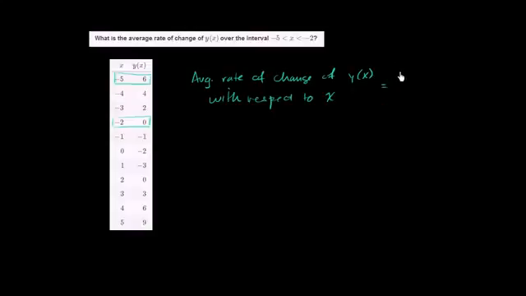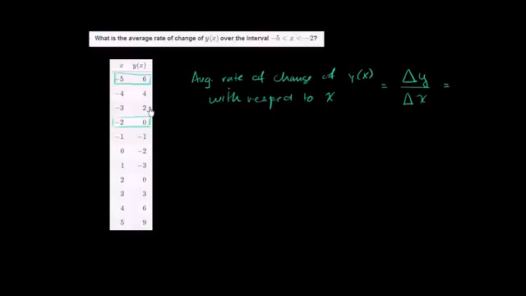And the shorthand for change is this triangle symbol, delta. Delta y, I could write delta y of x. It's delta y, change in y, over our change in x. That's going to be our average rate of change over this interval.